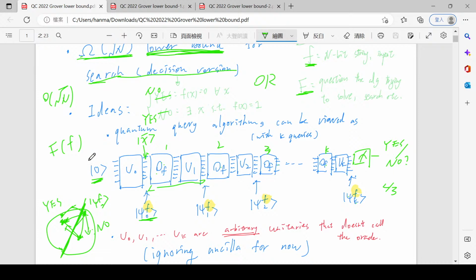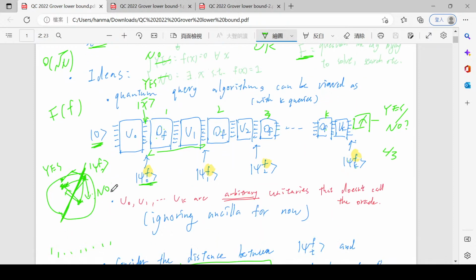And what we check is how the quantum state of the algorithm evolves through this computation, and how this evolution compares between different f.